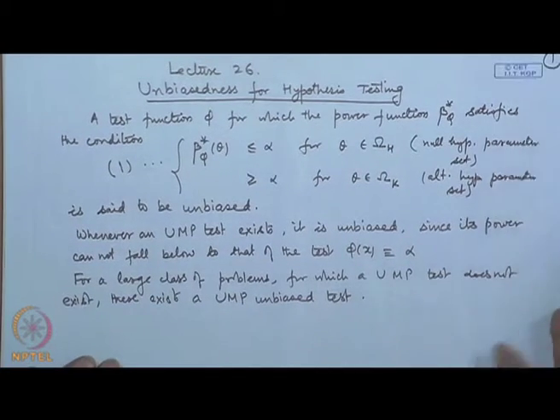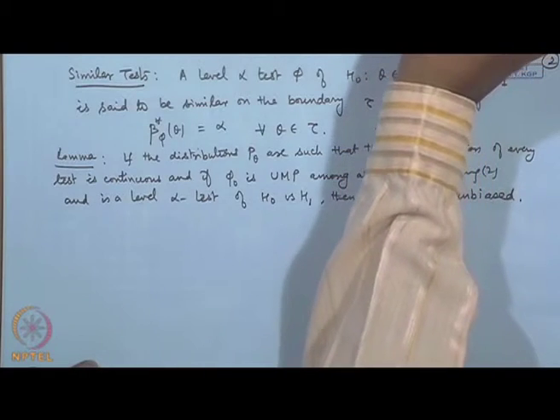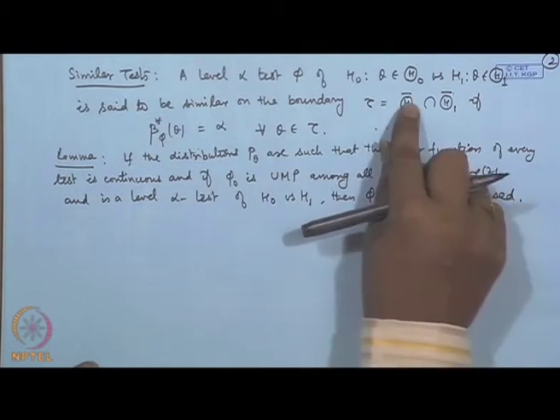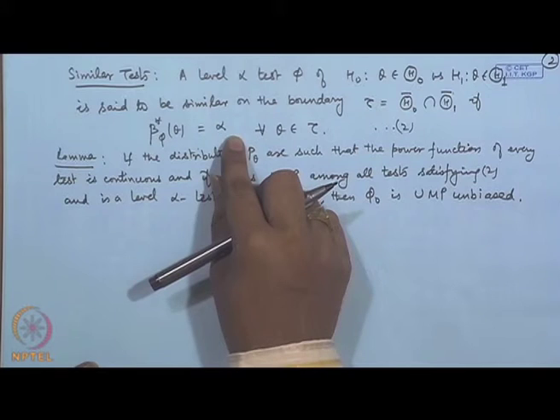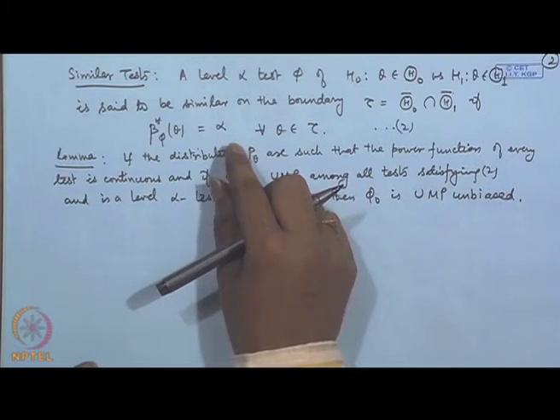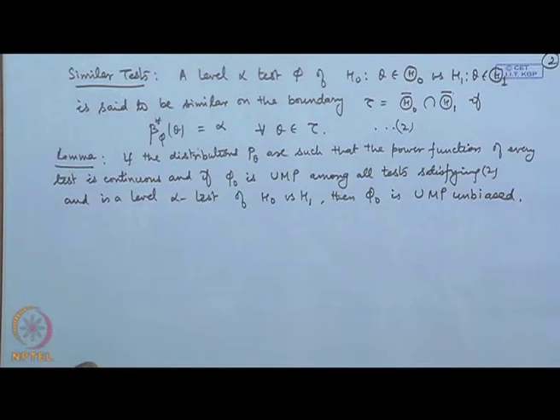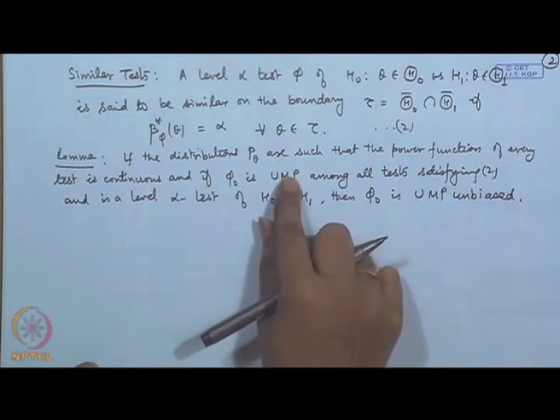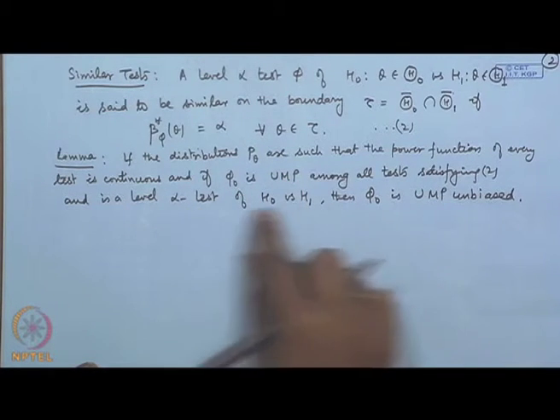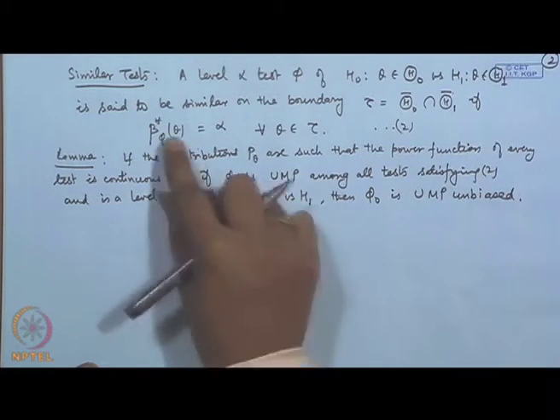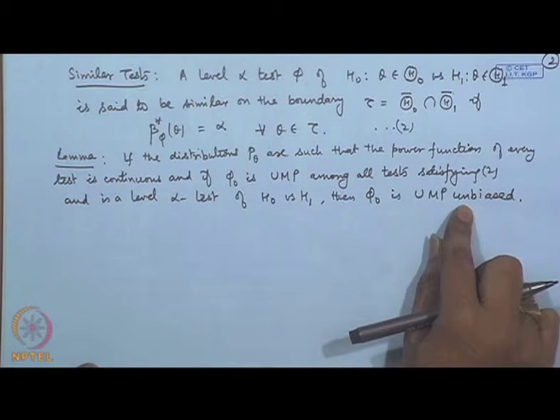So, in order to achieve this, we are imposing a condition of continuity on the test function and a similarity condition, that is on the boundary the value alpha should be achieved. So, then what we are saying is that in these cases a UMP test, if it is similar test, then certainly it will be UMP unbiased.